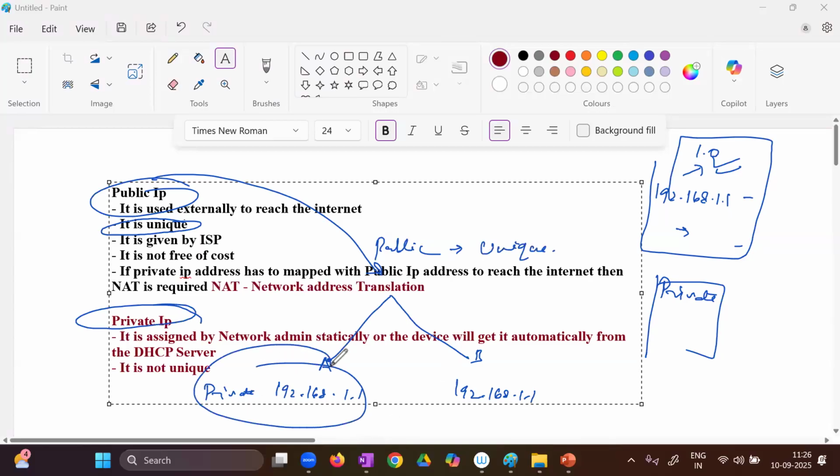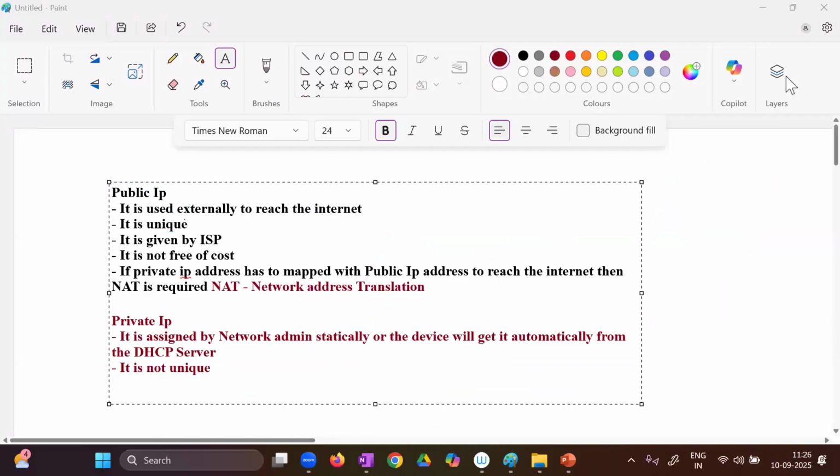But in each network, only one device will get this IP. Now, it is not unique. So we have written here that it is given by the network admin, either statically or by the DHCP server automatically. Next is that it is free of cost.